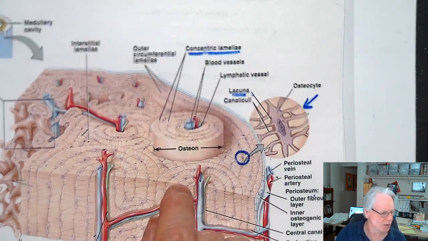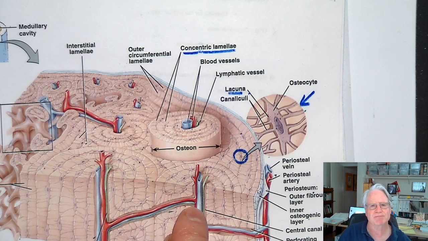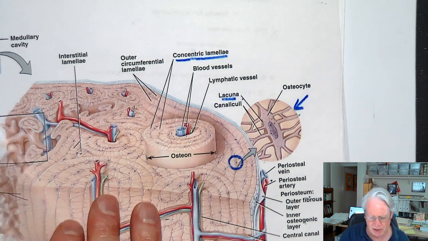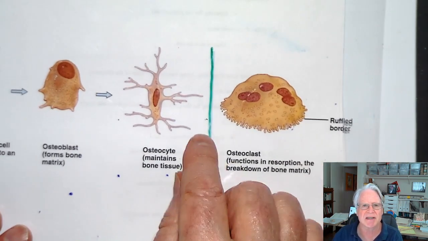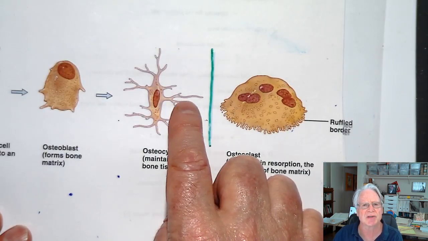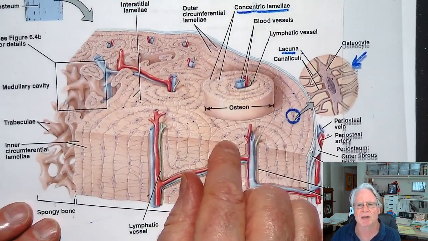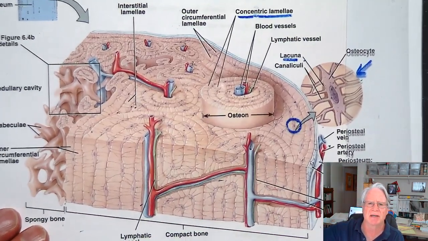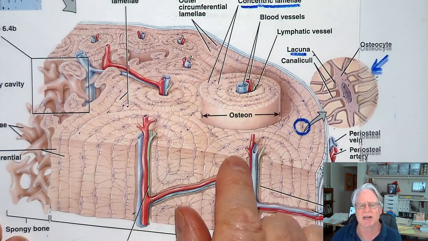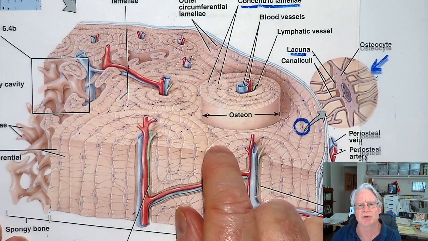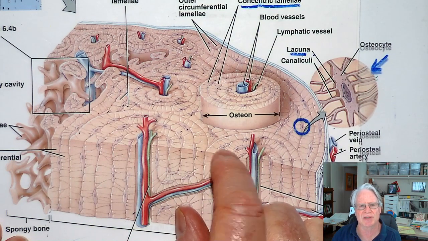If you recall, when we were looking at the cell types, we noticed that the osteocyte had these strange projections, and those are the projections I talked about being inside the canaliculi. You can see those structures right here.